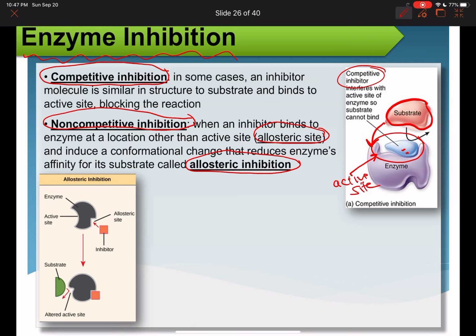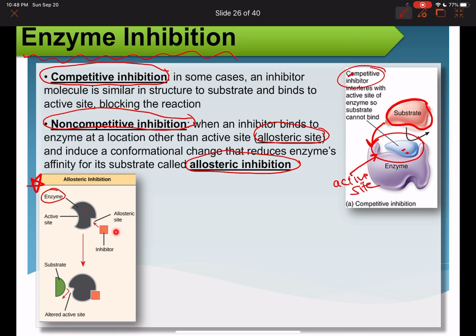This is illustrated perfectly in this image here. Here's your enzyme right here in gray, and this is the active site for that particular substrate, which is a half circle shape, for example. Originally this active site is perfect for binding to this substrate, but there is this allosteric site on the other side of the enzyme.